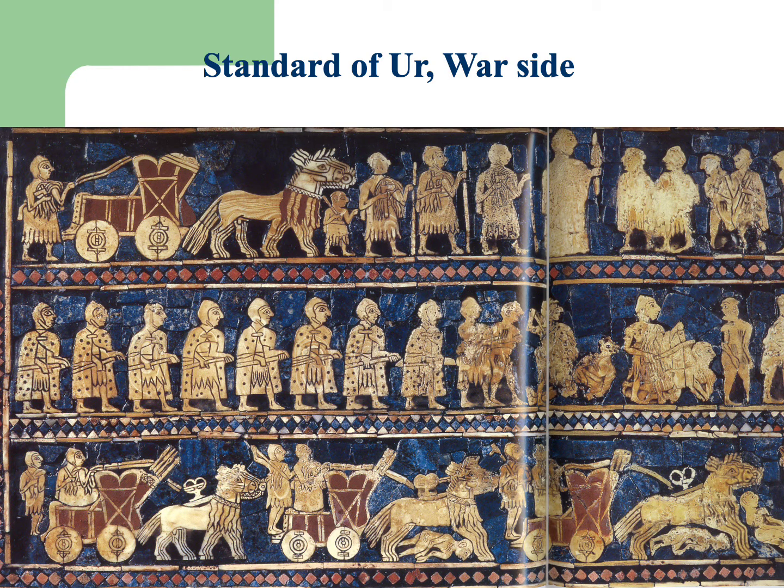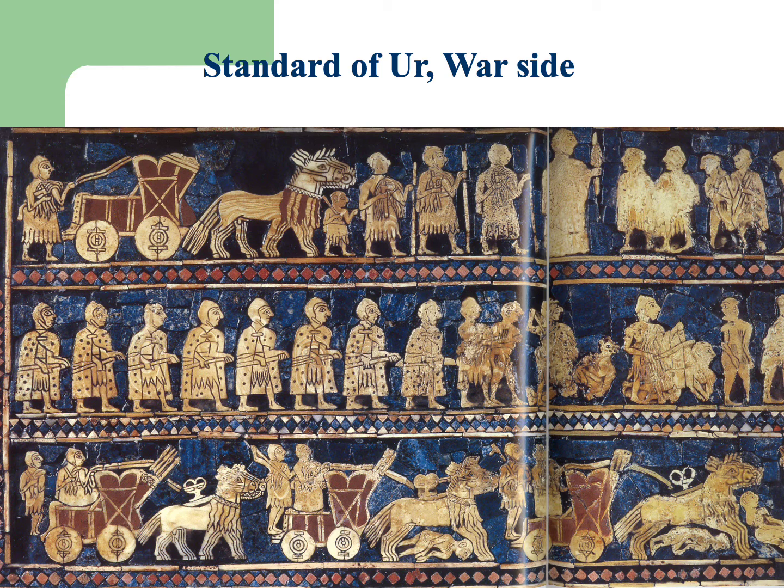And this is another example of something from the royal tombs at Ur, and this is the standard. It's this sort of wooden structure that's inlaid with lapis lazuli and ivory and other materials, and it shows on this side the army with chariots and foot soldiers in sort of combat array.